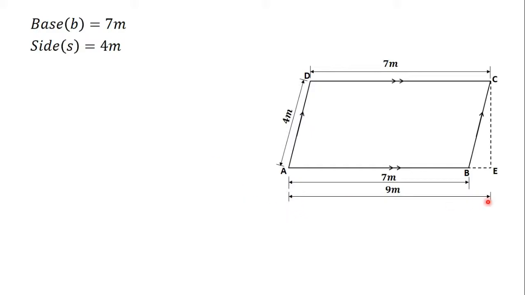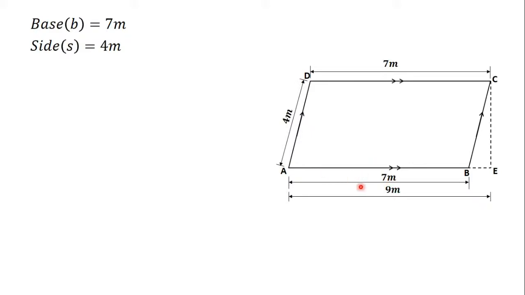The 9 meters given to us is the distance from A to E. That is not the base. The base is the distance from A to B, which is the same as the distance from D to C. So it means that in this diagram, the base of the parallelogram or AB is 7 meters. So we have the side as 4 meters and we have the base as 7 meters.